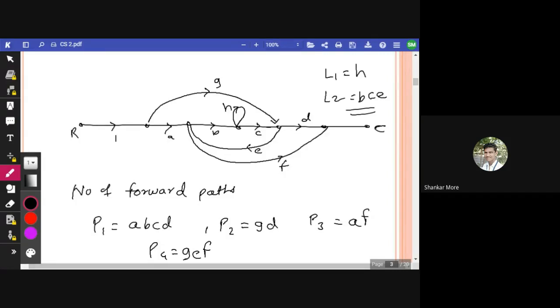Are there any non-touching loops in this diagram? मतलब ऐसे दो loops. See, there are two loops only. You just have to see whether these two loops are non-touching. No, they are not non-touching. They are sharing one node, isn't it? So no non-touching loops are there. यही हमें फाइंड आउट करना है.